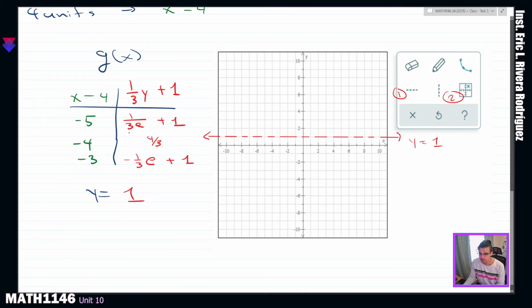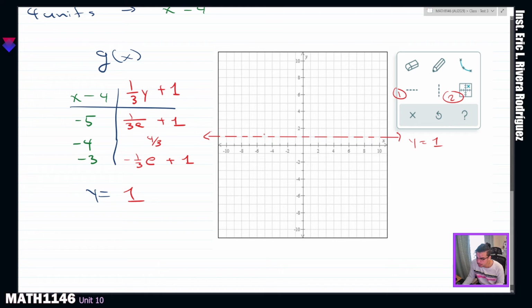So you are going to type 1 over 3 times e. So you just use the key of e to put e there, and then outside of the fraction plus 1. All right. 4 over 3, and so you are going to start plotting those points. I do not know exactly where they lie in this coordinate plane. They are irrational numbers, so it is hard to identify them here. So I will plot a point just as a representation, but that doesn't mean that it is the exact location. So -5 is here.